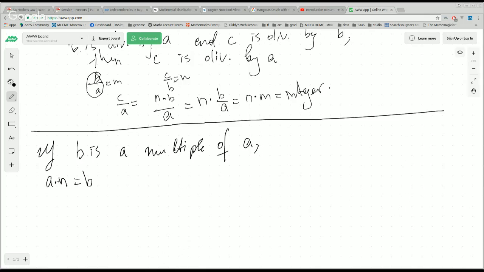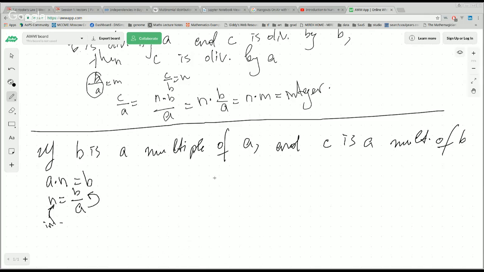How about taking this equation and dividing both sides by A? What do we get? We get exactly the statement before, that A is a divisor of B. Why is that? Because when divided, I get an integer. It's the exact same statement as before. Now, continuation of the statement says, and C is a multiple of B.